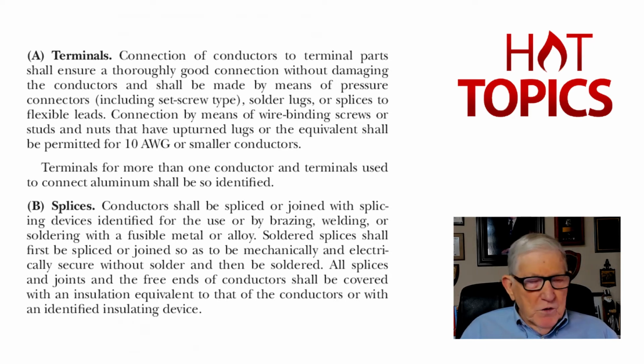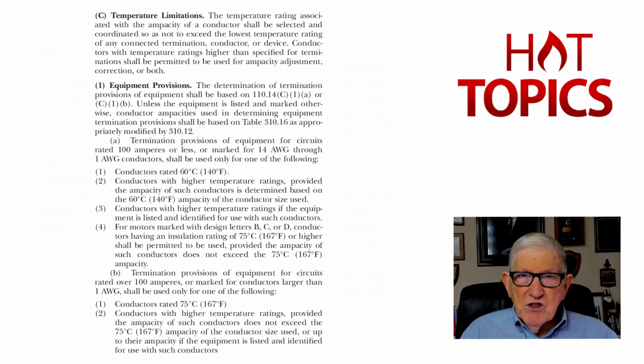But we're going to focus on 110.14(C) there on the left-hand side of the page. Now, when I was talking about the 90-degree column not existing until you derate, well, here it is.